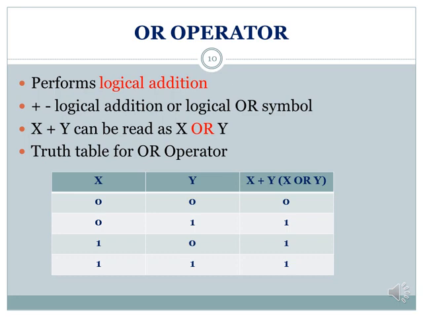For example, if you add 0 and 0, it gives the logical addition result 0, and if any one of the inputs is 1, it will produce the result 1. That is the main advantage of the OR operator.